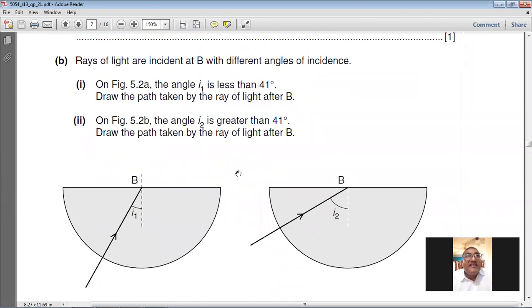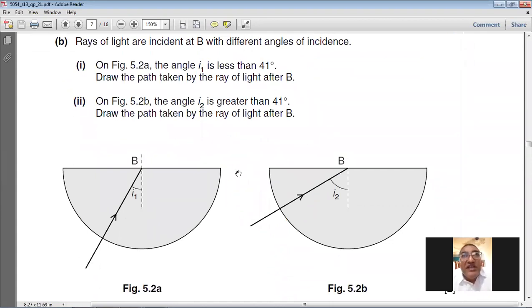Rays of light are incident at B with different angles of incidence. On figure 5.2a, the angle I1 is less than 41 degrees. So the angle of incidence in the dense medium is less than the critical angle.